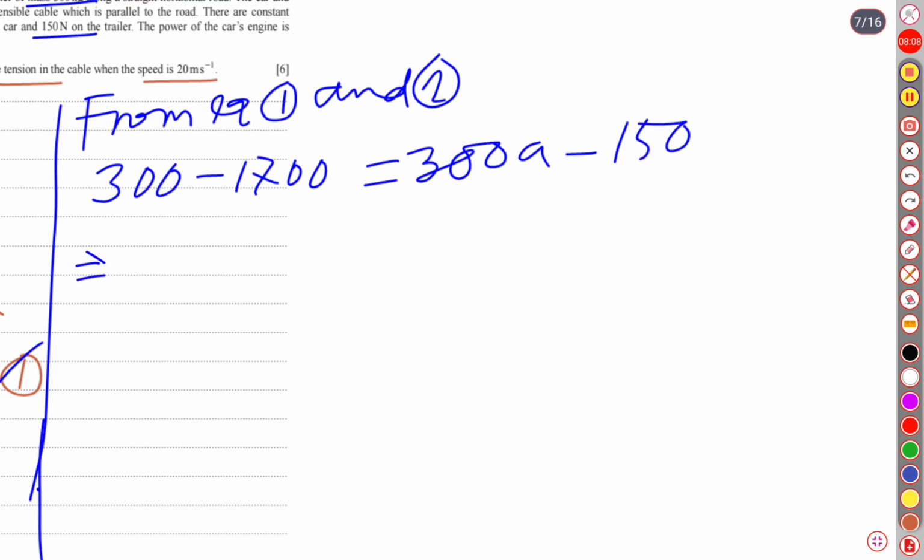If we simplify, this is 300 minus 1700a actually. So if we add up all of the a's, 1700a plus 300a, it is going to be negative 2000a, equal to, if we add up this 300 and 150, it is going to be negative 450.